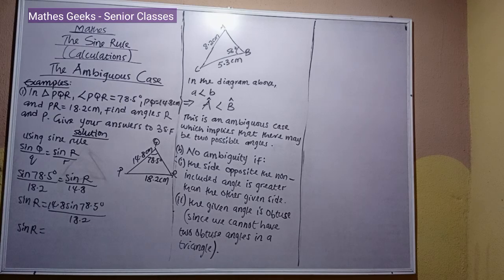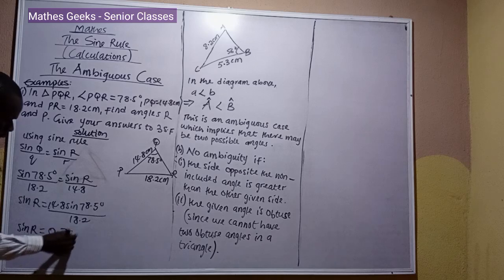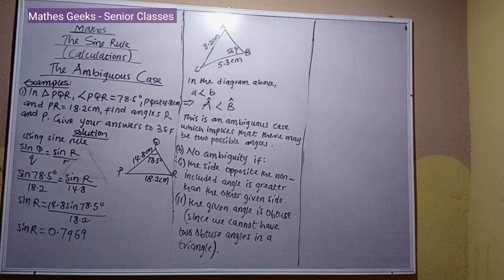Sine R is equal to 14.8 sine 78.5 divided by 18.2, which is 0.7969.